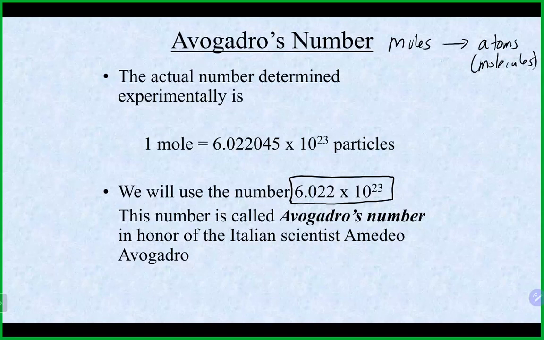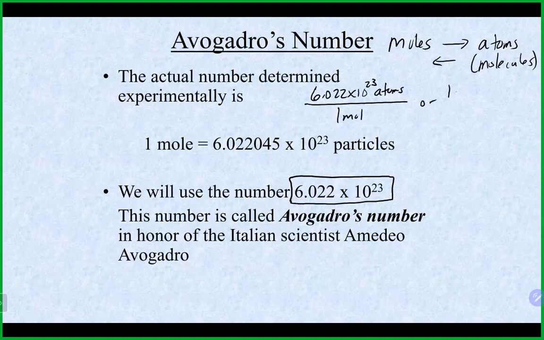And it also allows you to go backwards if you are starting with atoms or molecules. Avogadro's number is the thing that will allow you to convert back into moles. So you could use it as a conversion factor as 6.022 times 10 to the 23 atoms or molecules over 1 mole of something.